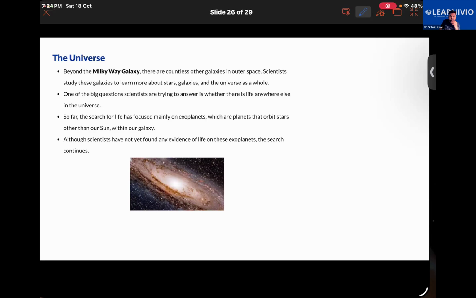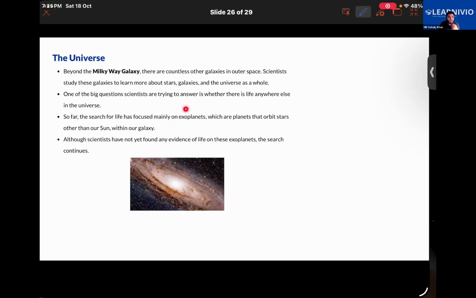So other than the Milky Way galaxy, there are countless other galaxies. Even now, as we're talking, new galaxies might be discovered. Scientists study these galaxies to learn more about stars and the universe as a whole. One of the big questions scientists are trying to answer is whether there is life anywhere else in the universe.